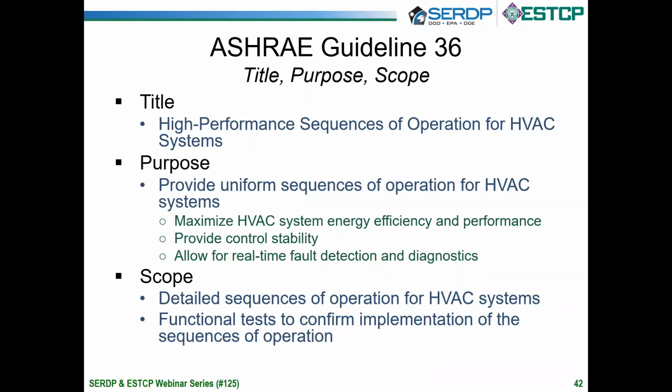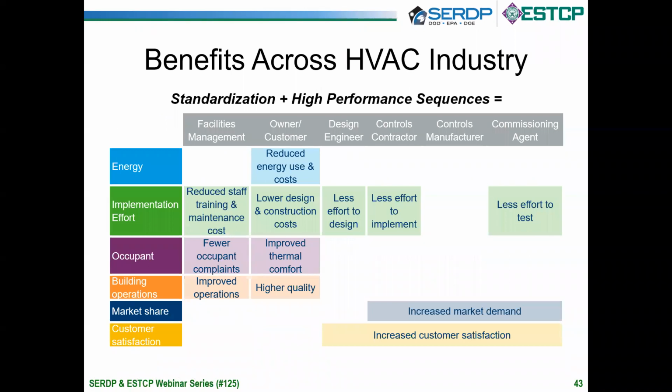Currently, the published content of the 2018 standard is written in the format you would typically see in a control specification. It includes detailed sequences of operation, lists of hardwired points, and control logic diagrams. The current published guideline does not have the functional tests listed here, and that will be coming in future addenda.